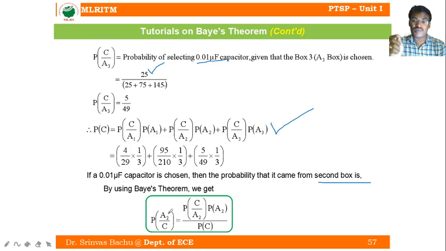What is the probability that it came from the second box, that is A2? So use Bayes theorem: P of A2 by C equals the formula for P of B_k by A. Apply this and simplify. C is a different event, that is, 0.01; a different capacitance I choose. That is P of C, which I already got; it is the total probability.